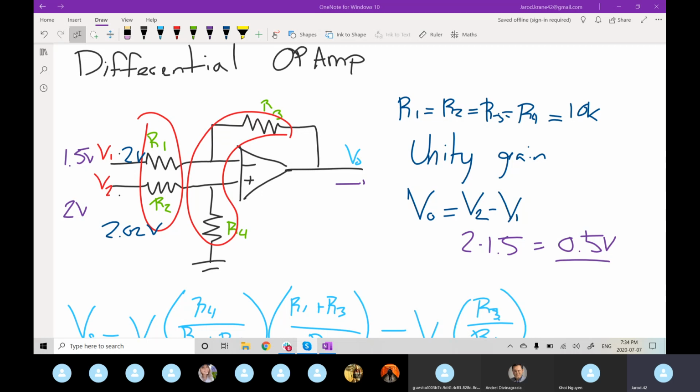And with that, you can amplify it, bring it back up into a readable range, and then you'd be able to tell what your current is. Kind of like an analog version of a comparator. Yeah, that's a way to see it.